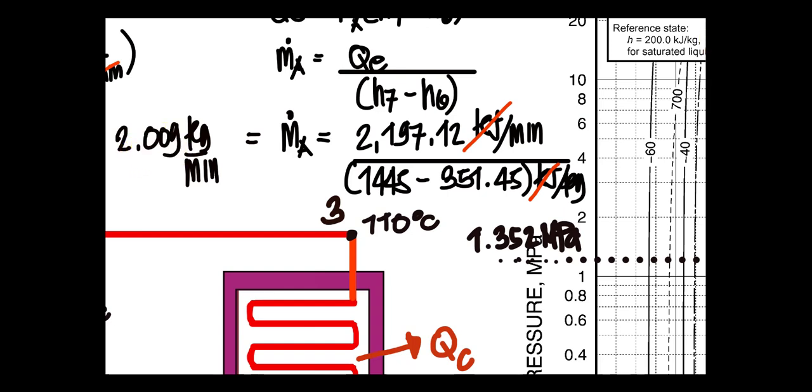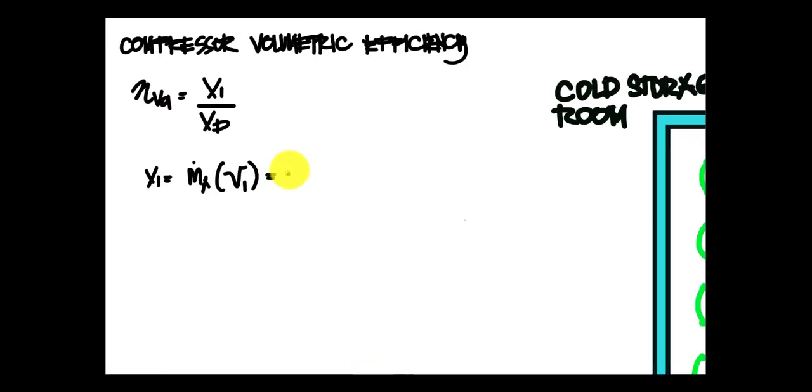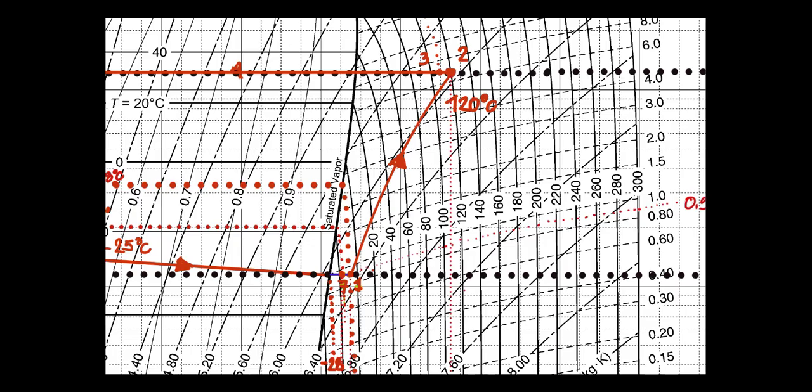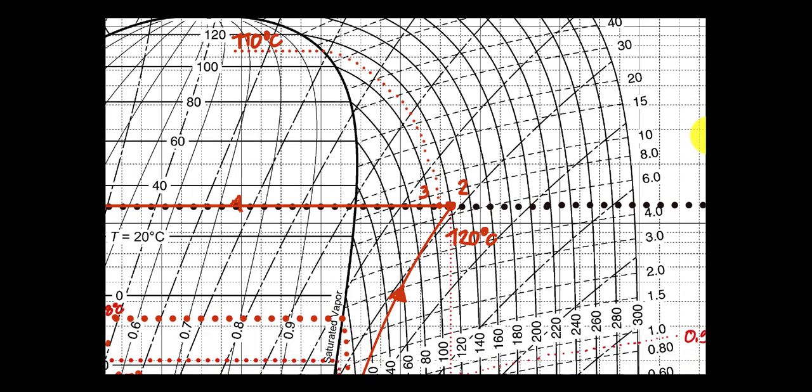Let's substitute that in our equation: 2.009 kilogram per minute, multiplied by the specific volume. Since only the density is given, we can use it.